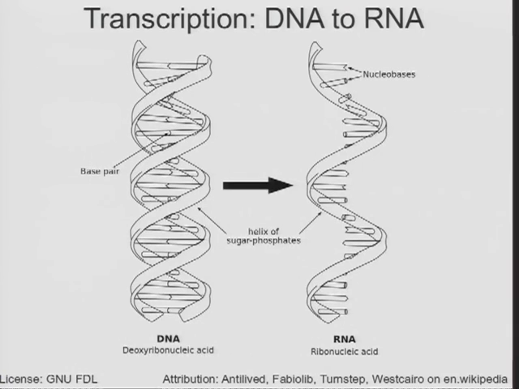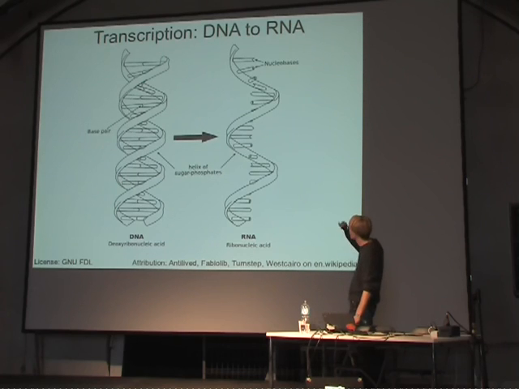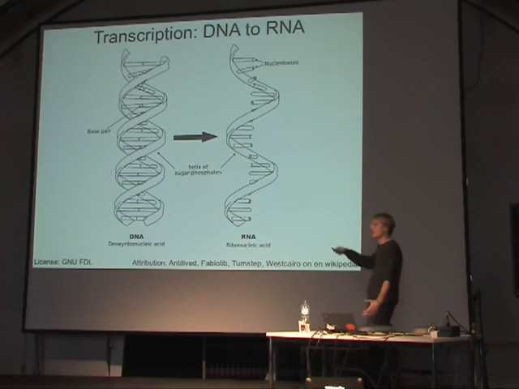What happens with its DNA inside the cell is that it's transcribed, is the word, it's turned into RNA when it needs to be used by the cell. So you have this double-stranded DNA that we've all seen before, and it's turned into single-stranded RNA. And this is kind of the working copy that the cell uses, whereas the DNA is the archive copy that it keeps around when it's multiplying.